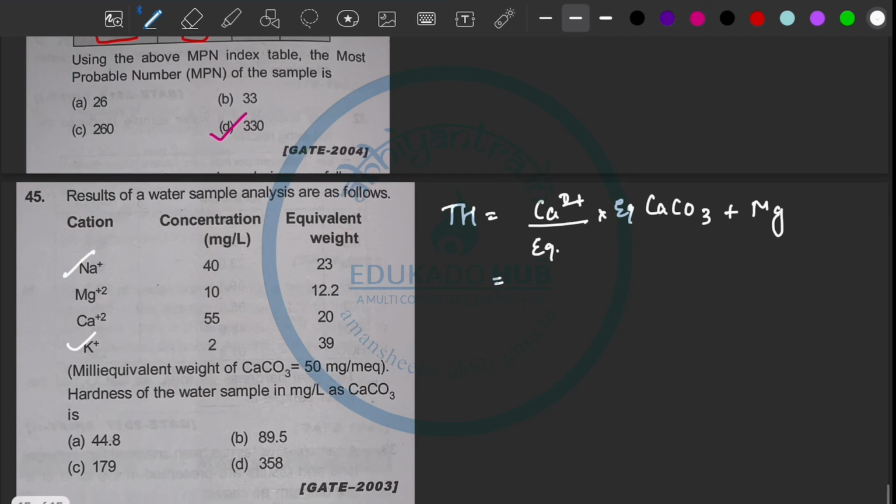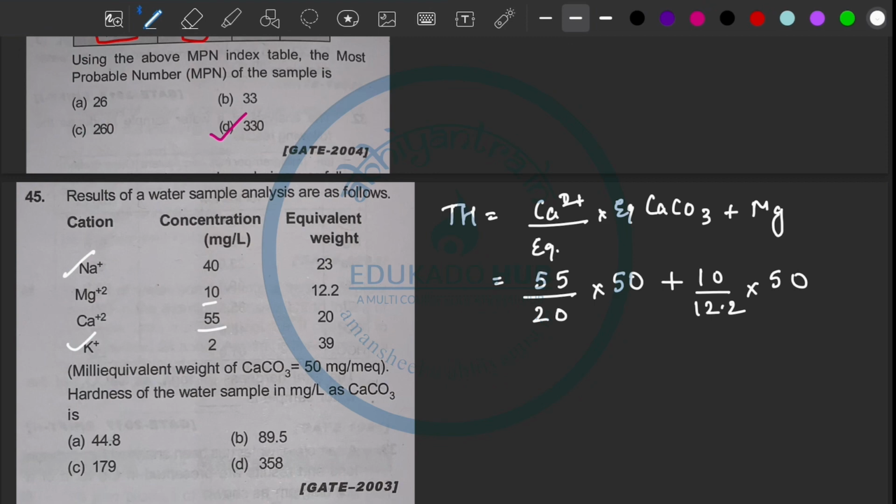Calcium ions concentration is 40. Its equivalent calcium ions concentration given is 55. Its equivalent weight is 20 into 50. Plus magnesium ion concentration given as 10, its equivalent weight 12.2 into 50.